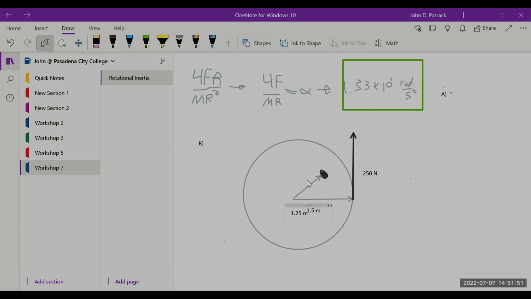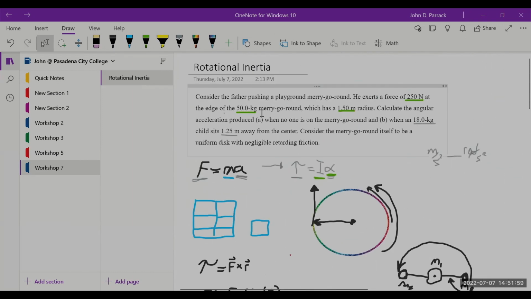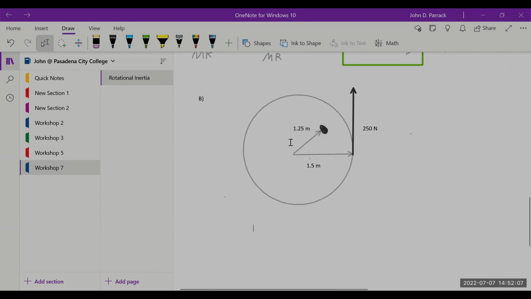So not quite fully out at the edge, but most of the way there. Let's make sure we got that right. Consider the merry-go-round a uniform disc with negligible rotating friction. Super. We've done that.